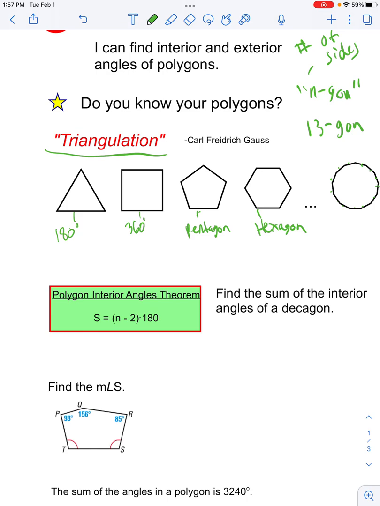A mathematician, Carl Gauss, perfected that technique, and a lot of people use it in surveying land. It really helps you measure large distances without actually measuring the large distances.